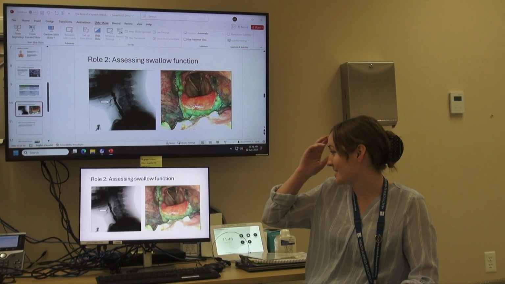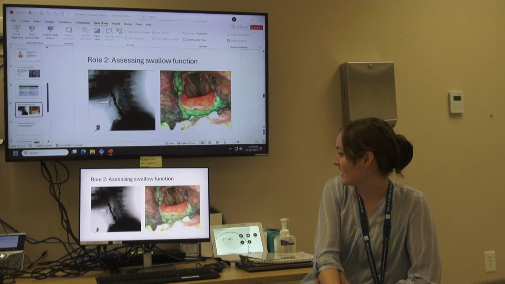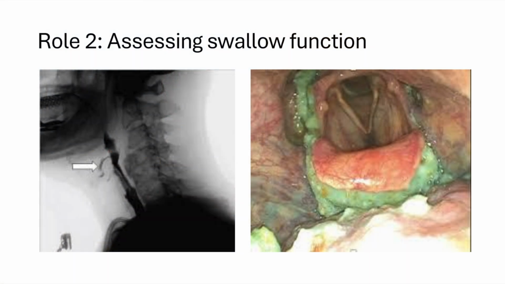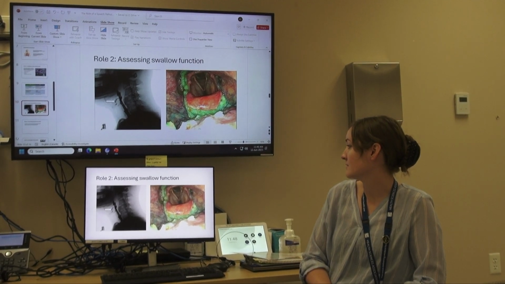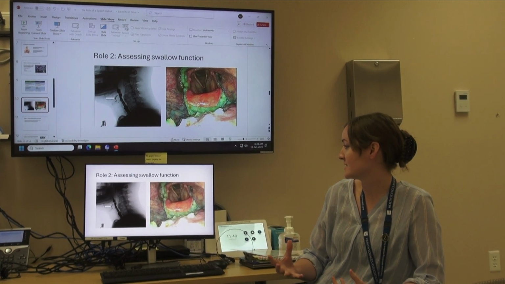On the right is another type of test that we can do. This is called a FEES, so fiber optic endoscopic evaluation of swallowing. We stick a very small camera on the end of a scope in through the nose, dangle it above the pharynx, and then we have this patient either speak if we're assessing their voice, or swallow different foods if we're assessing their swallowing. We can, again, see what's moving, what isn't.